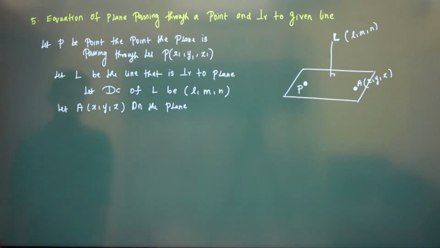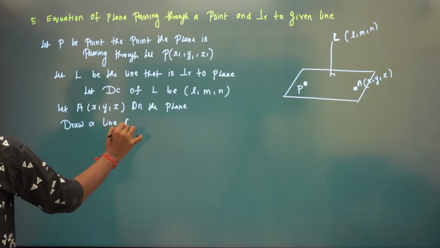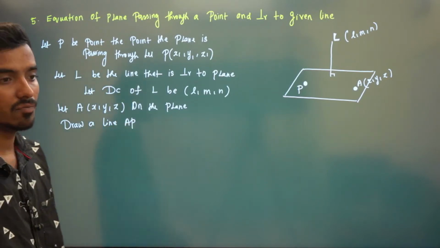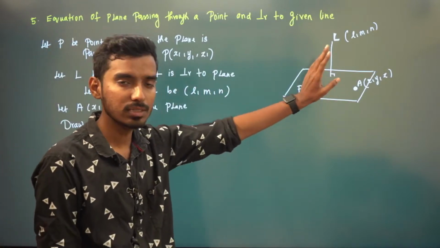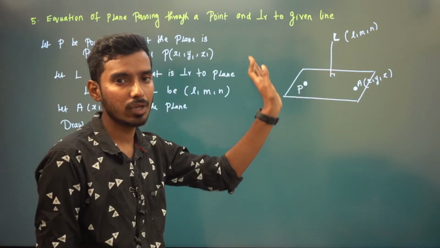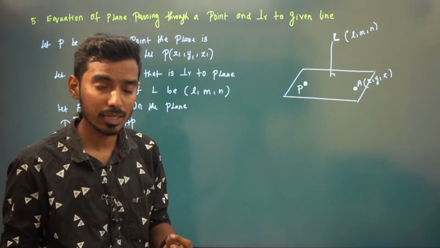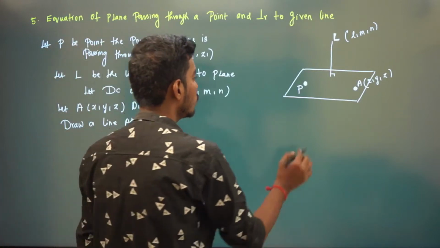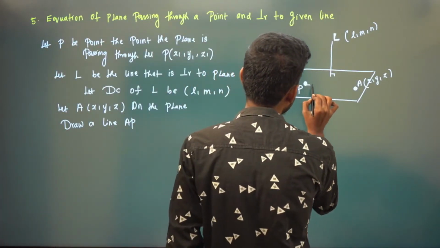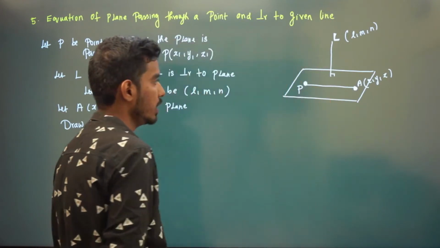Now draw a line AP. This line will lie on the plane by the definition, because this is a surface. Since this is a plane, if I join any two points by a line, that line will also lie on the surface. That is the definition of plane. Therefore, this line will be on the plane itself, right?